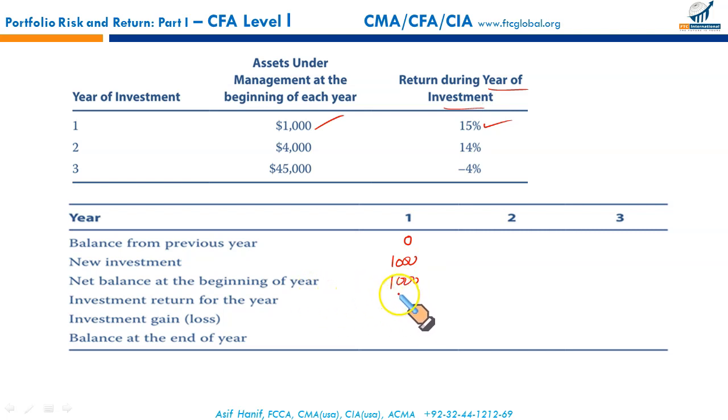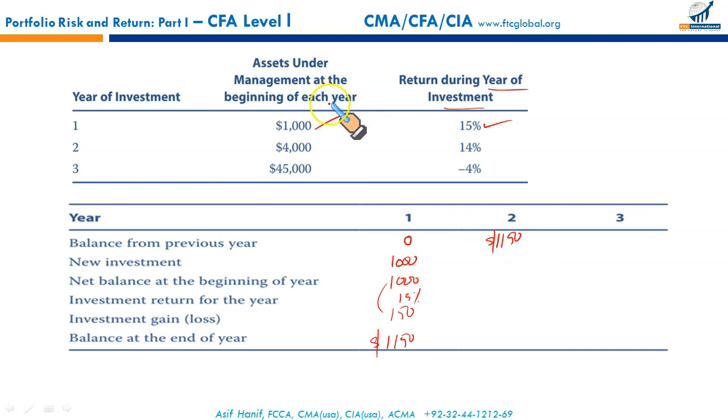So investment gain was $150. Balance at the end of the year, 1,000 plus 150, that would be $1,150. Now this $1,150, the balance at the end of the year, would be the opening balance for the second year.